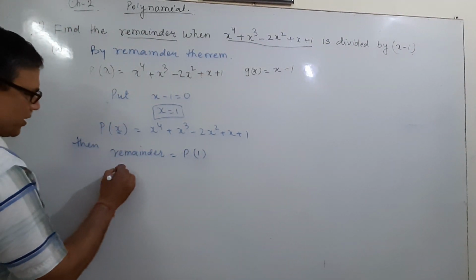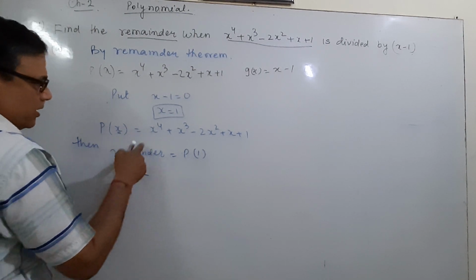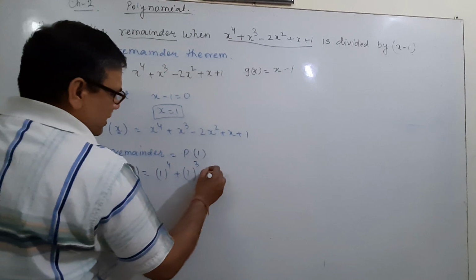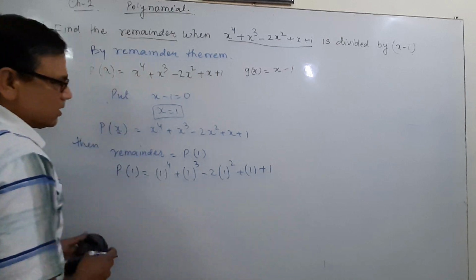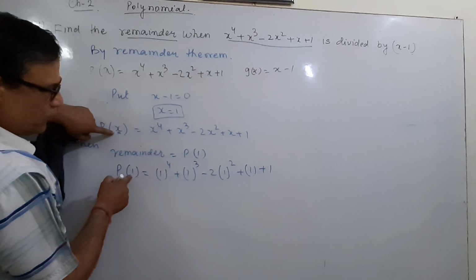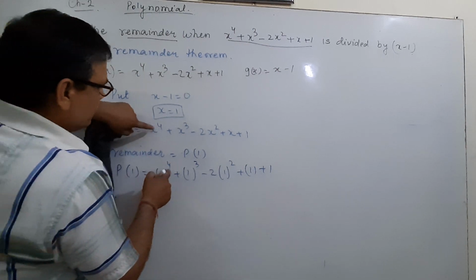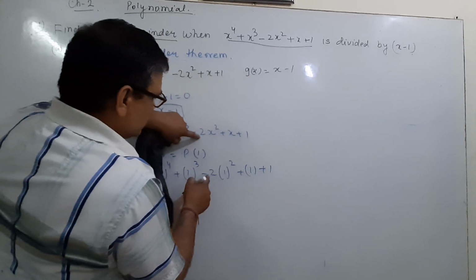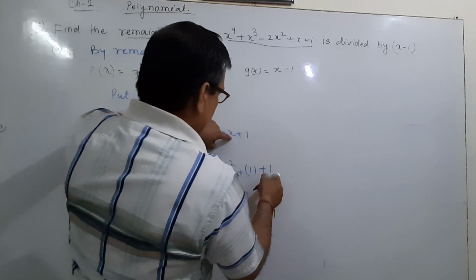So it is p(x), we have to find p(1). It means we have to put 1 in place of x. 1 in place of x means 1 power 4 plus 1 power 3 minus 2 times 1 power 2 plus 1 plus 1. Here we put the value of x equal to 1.